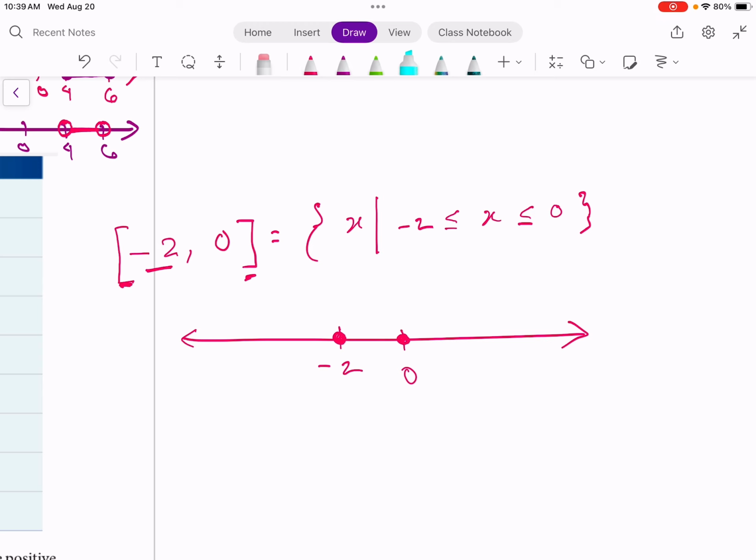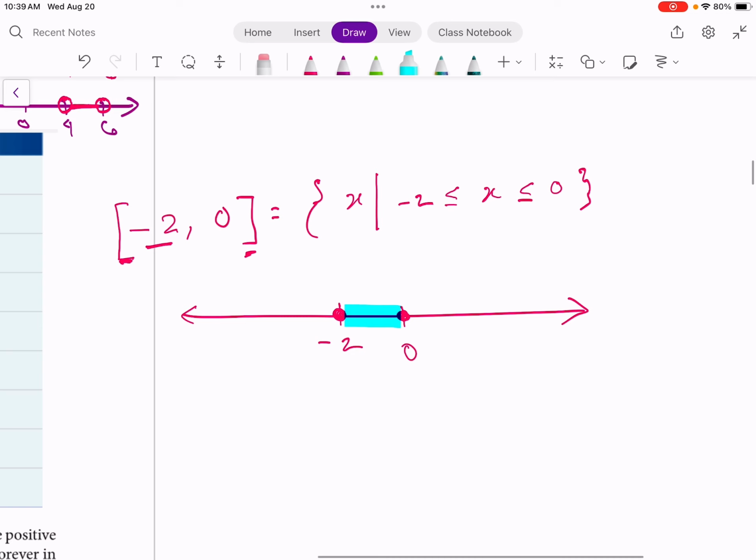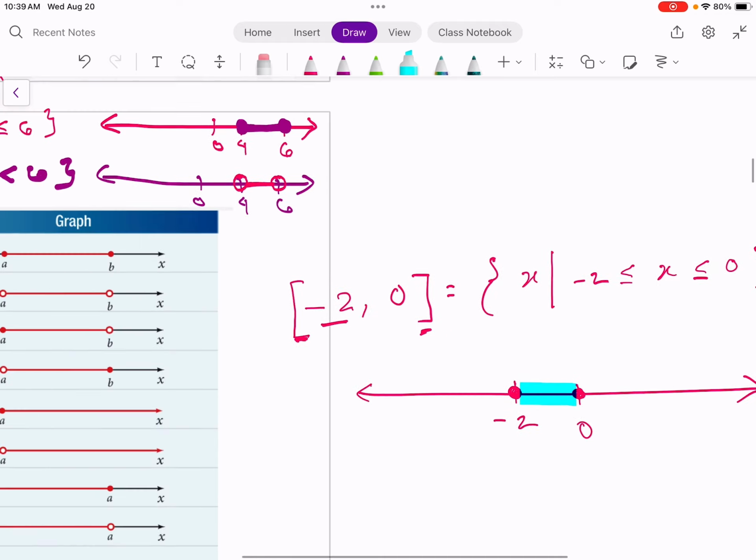Any number in between -2 and 0 means this portion. Every number which is -2, 0, or any number between these two numbers is here. This is our interval notation, and we will be using this interval notation a lot. You should be able to write down this interval notation.